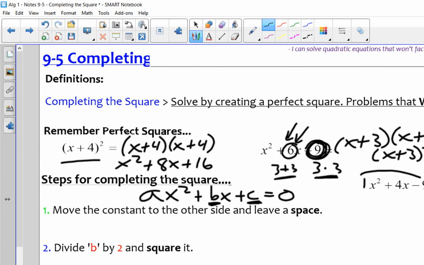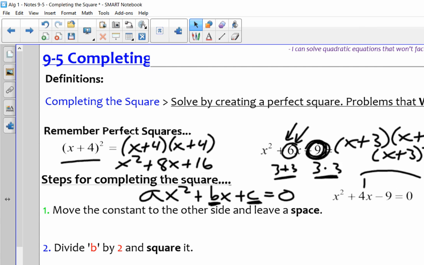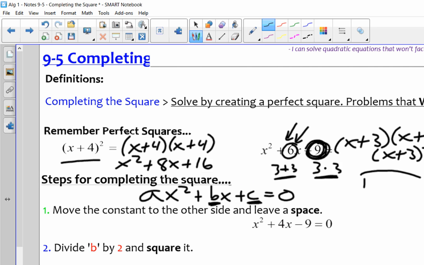We're going to start with step 1. We're going to move the constant to the other side and leave a space. When I first do these with kids, they don't understand. I have to move it to the other side, and then this other part about leaving a space, we've never done that before.